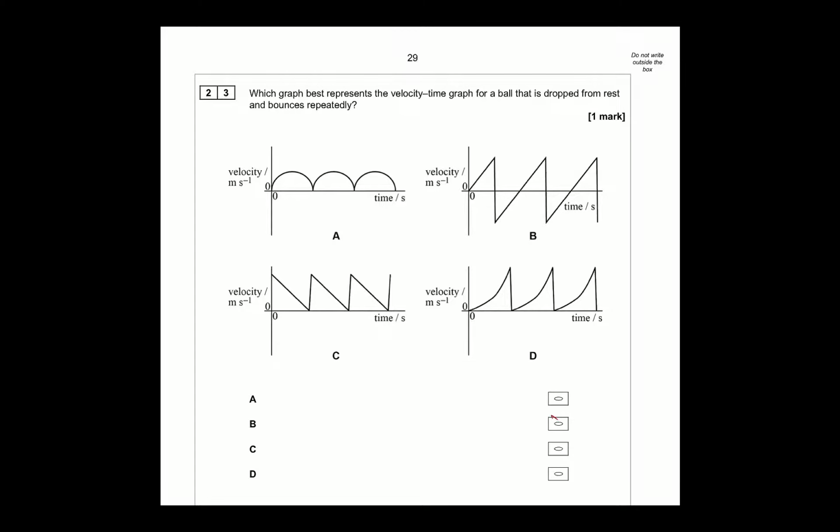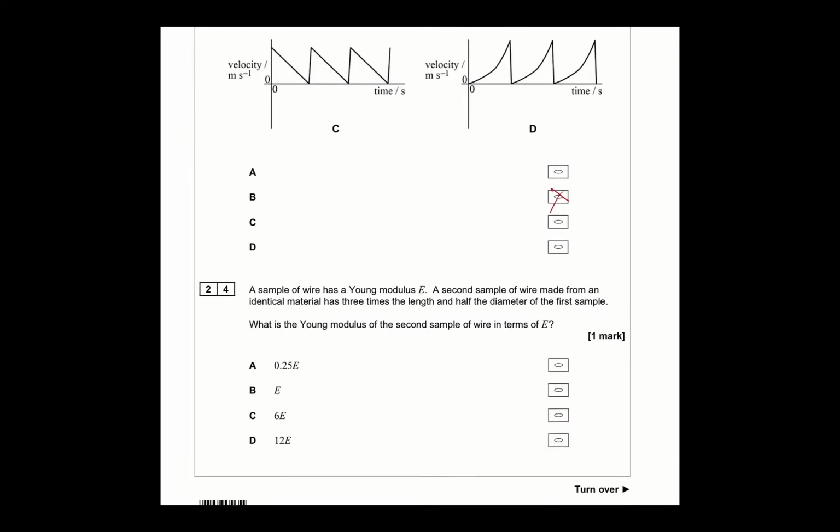It's B because it has negative velocities on it. So in this case, they defined downward velocity as positive, and it's perfectly elastic. So yeah, B is our only option that makes any kind of sense.